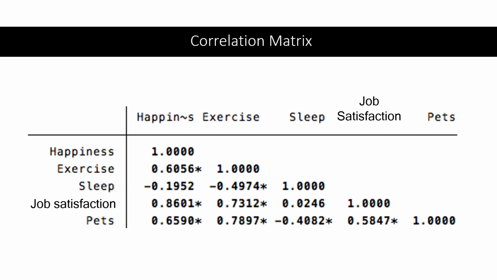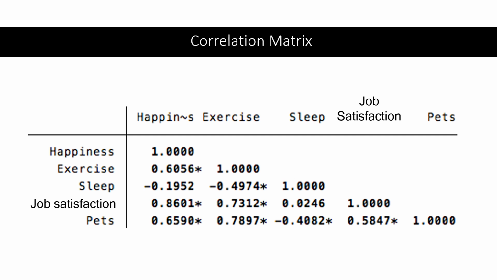You can see this little abbreviation here because it's hard to have room for all of these words going across. And you can see, looking down, the relationships working in the same way. For example, you can see that the relationship between sleep and happiness is slightly inverse, a weak negative correlation of 0.19, or to round up, 0.20.